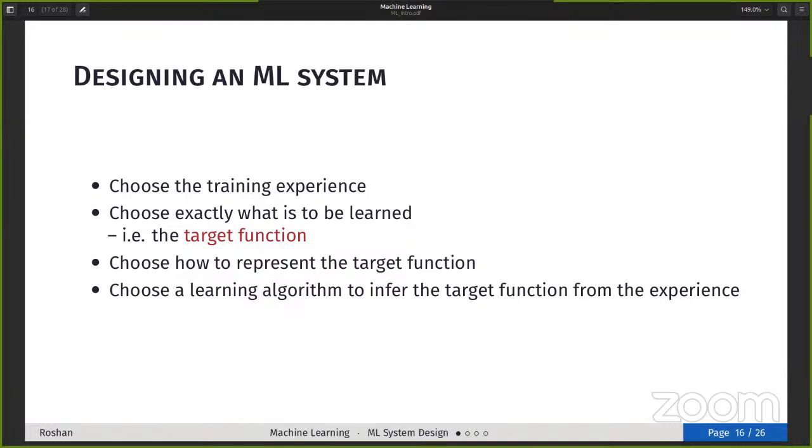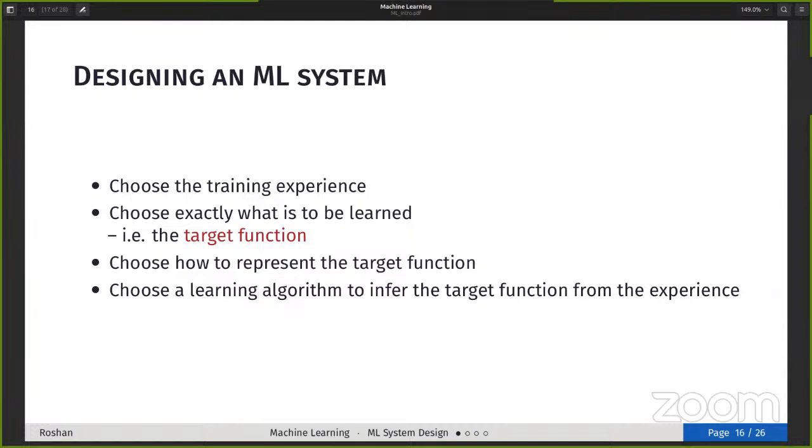In the MNIST data set case, the training experience will be all human labeled handwritten digits. I have the images, I have the labels. That will be my training experience. Choosing exactly what is to be learned means what I want to predict. Given the image, I want to predict which digit it belongs to, whether it's 0, 1, 2, 3, or something.